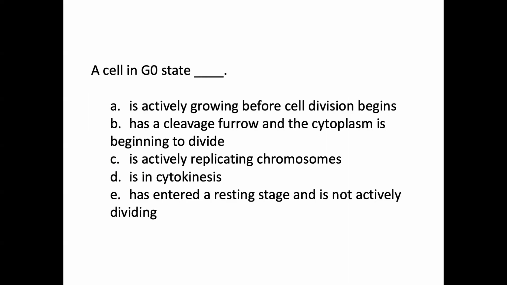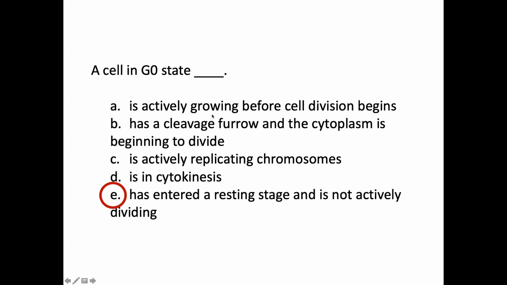Let's see next. A cell in G0 state. I give you some time to look at the question. Okay, the correct answer is E. G0 phase has entered a resting stage and is not actively dividing. That's exactly the definition we talked about for G0, okay?